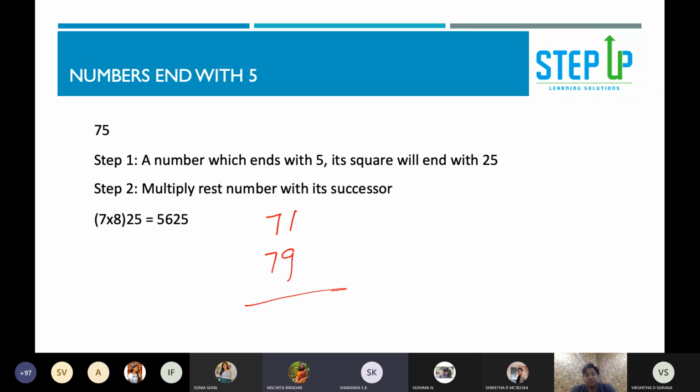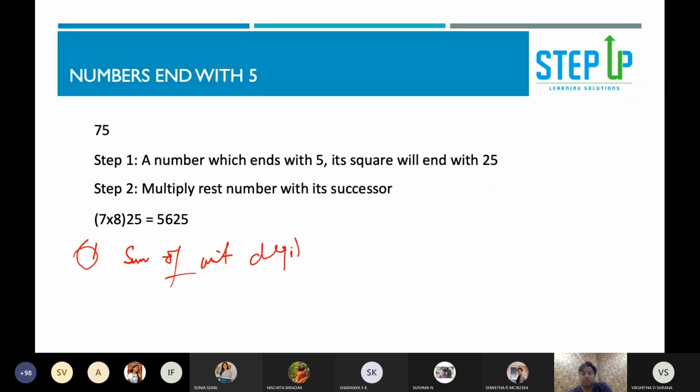Sir, can you just tell what are the two rules which you told now? The conditions. First condition: the sum of the unit digits should be 10.